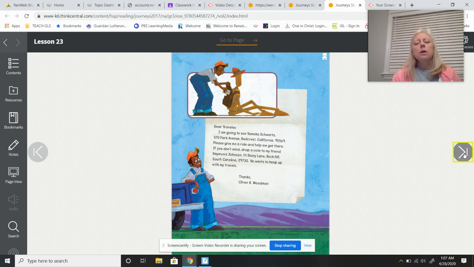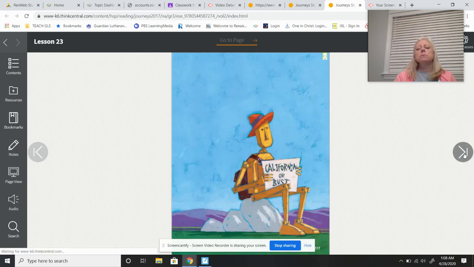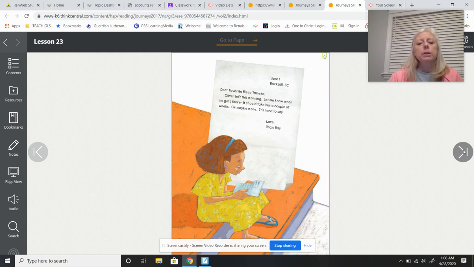Right? Now, there are other letters in this story that are clearly informal letters, and a letter in the story that is clearly a formal type of letter. What I want you to do is decide which letter is an informal letter.